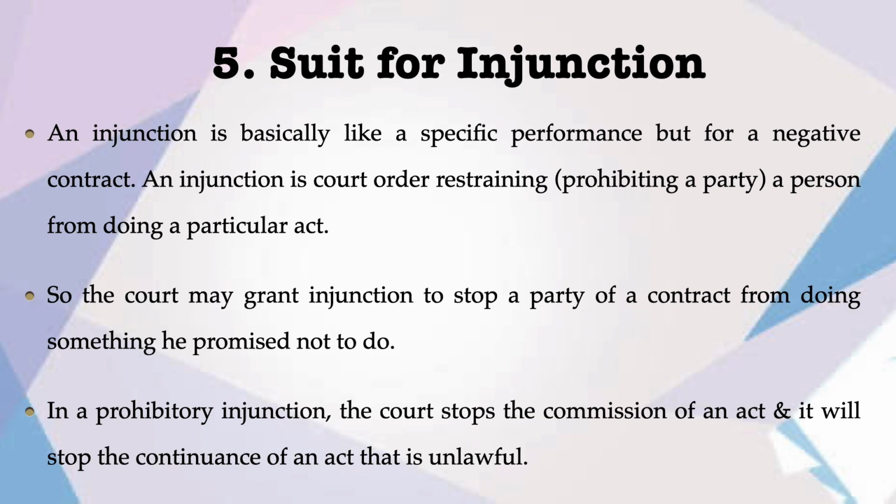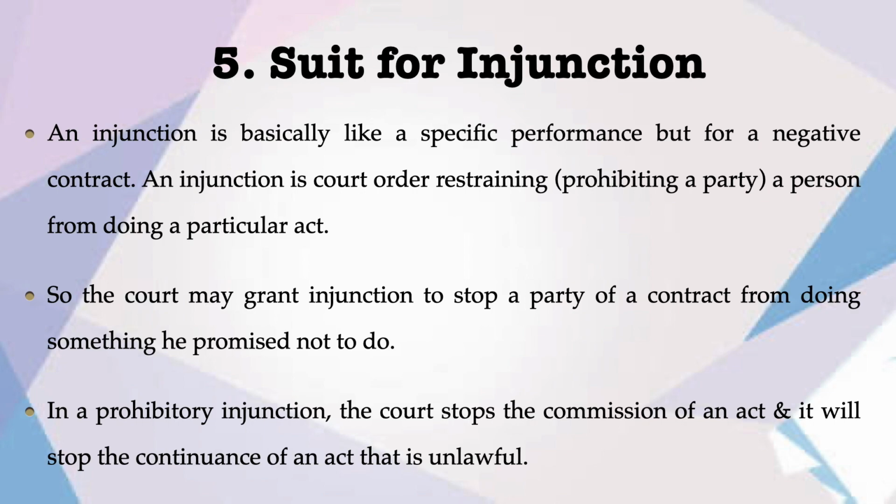In a prohibitory injunction, the court stops the commission of an act and it will stop the continuance of an act that is unlawful. You cannot stop a person from doing something which is lawful in nature. Is that clear? Therefore, the court can issue an injunction order or prohibitory injunction.